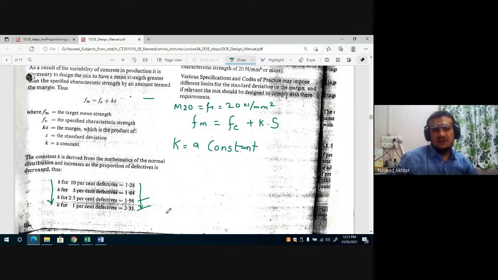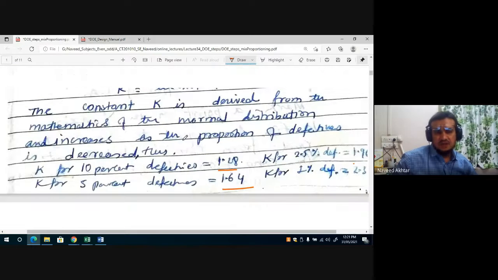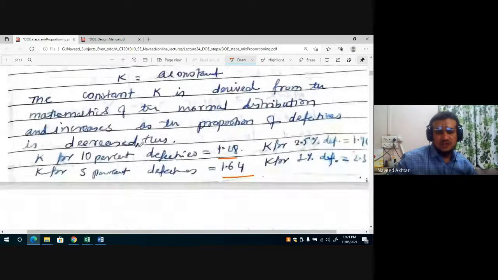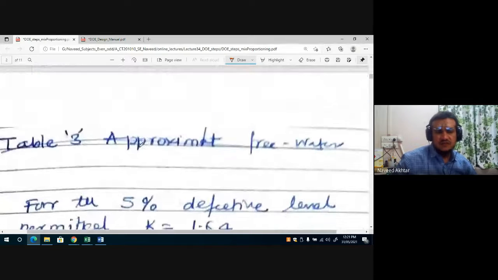So all these values we know, and S is nothing but the standard deviation. Standard deviation you can find out from the value.